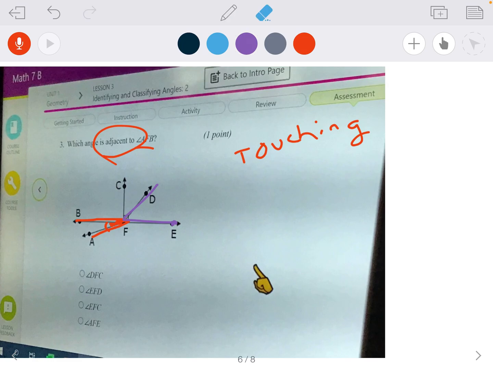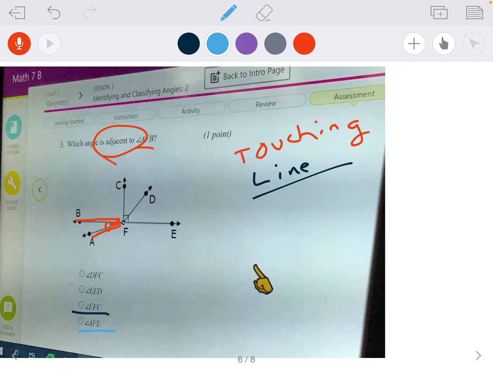So let's move on to angle EFC. I'm going to erase that. So put your pencil on E, trace it to the letter F, go up to C. Are they sharing the same line? Touching lines. Are they the same? And then if you think that's it, you can check the last one, AFE.